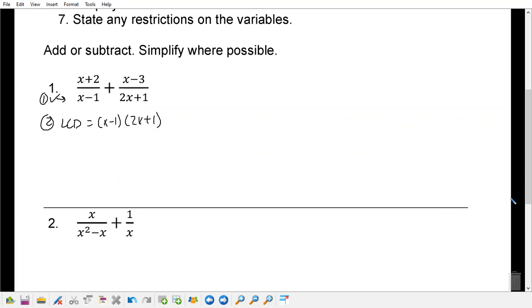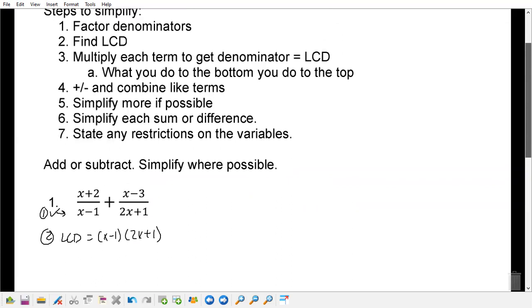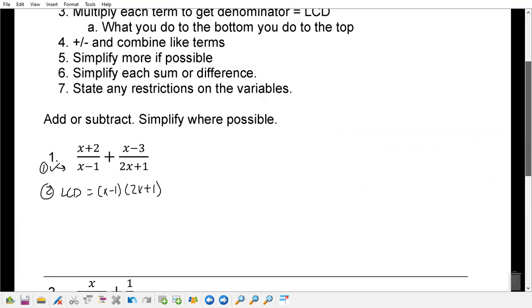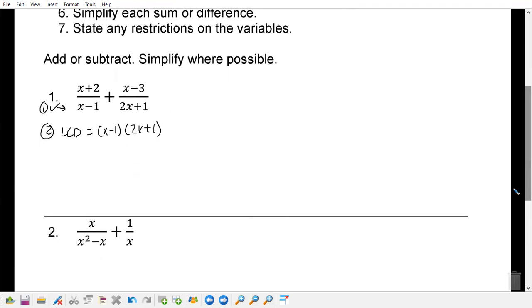They're missing each other. Step 3 says we're going to multiply each term to get the denominator equal to the LCD. That goes back to when we were talking about LCD and LCM. That means if I was to divide the LCD by my denominator, what factors are missing?